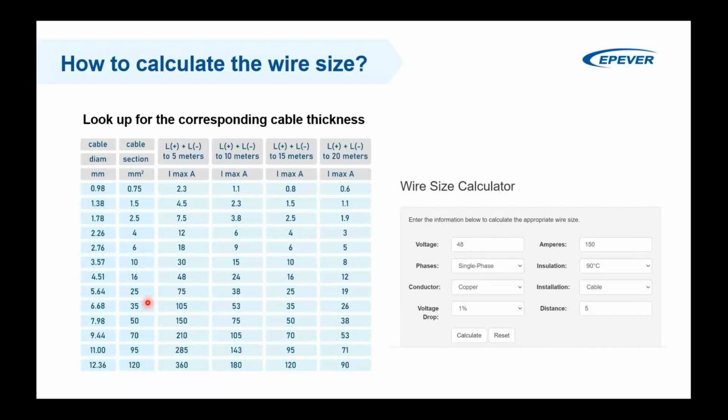EPR doesn't provide parallel inverters, but in case you are using other brands of inverters, you must be careful that you do not use thicker AC cables for inverters in parallel. There is a specific reason for that, which we are not going to cover today.